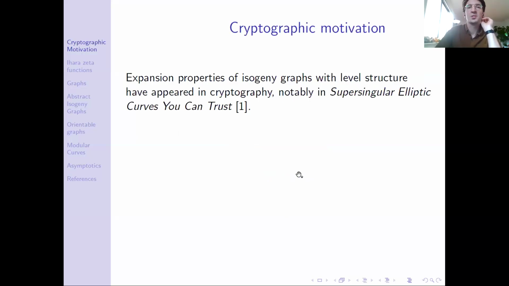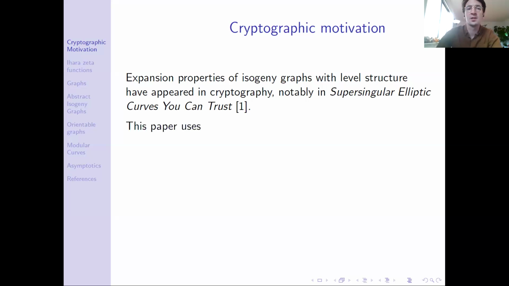So I want to start with a very brief cryptographic motivation because I know a lot of the audience is cryptographers. It's something that came up in a fairly recent paper, the supersingular elliptic curves you can trust paper, on expansion properties of isogeny graphs with level structure.